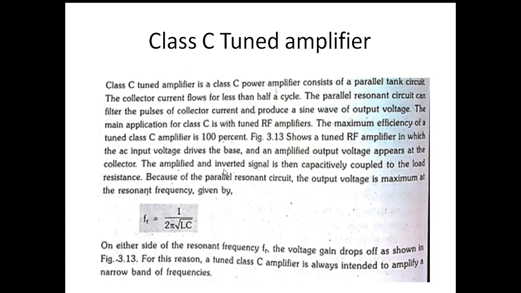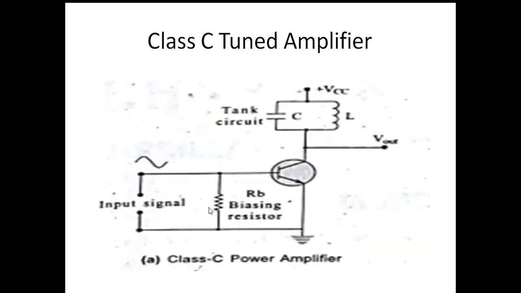The amplified and inverted signal is then capacitively coupled to the load resistance. Because of the parallel resonant circuit, the output voltage is maximum at the resonant frequency, given by Fr equal to 1 by 2 pi under root LC. Depending on the values of L and C, the resonant frequency can be designed. So at that resonant frequency, based on the values of L and C, the output can be selected.